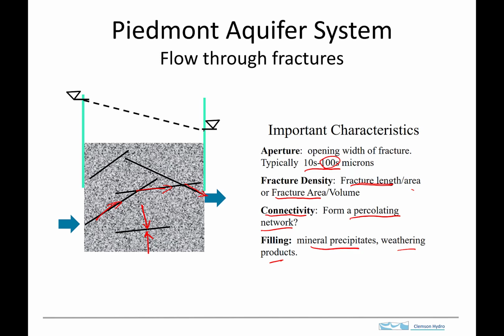That's the percolating network of interconnected fractures. And the rate of the flow through an individual fracture will depend on the aperture and the filling. The overall flow of water, or the flux of water through this system, will depend on what the fracture density is and how interconnected those fractures are.